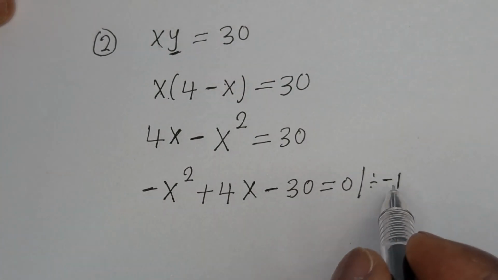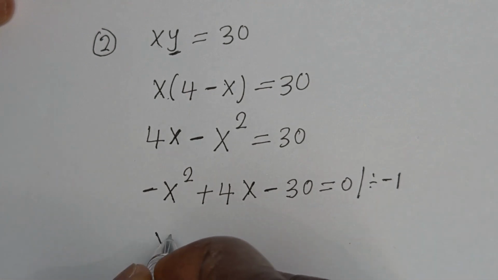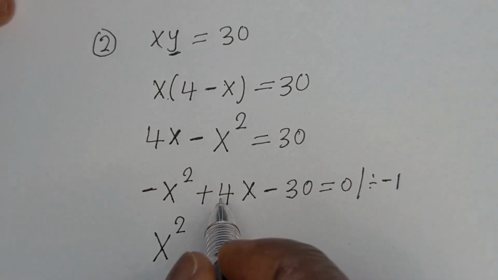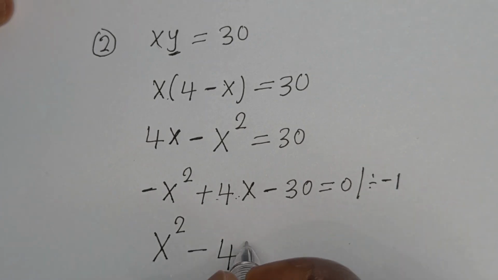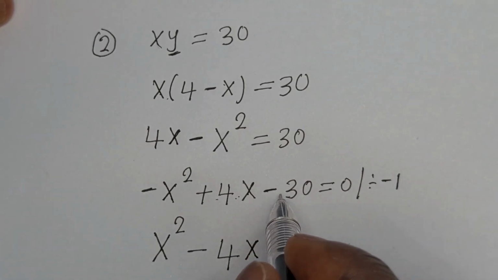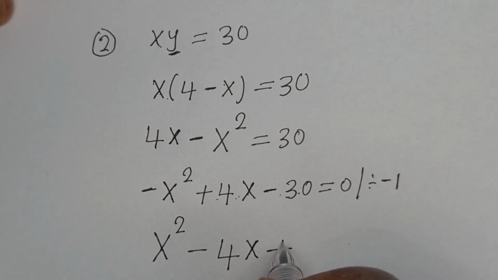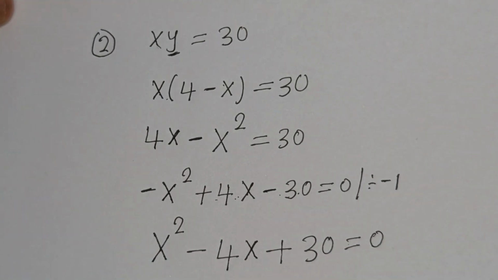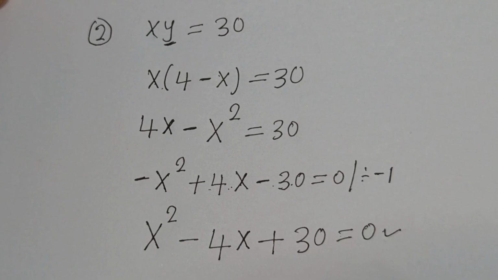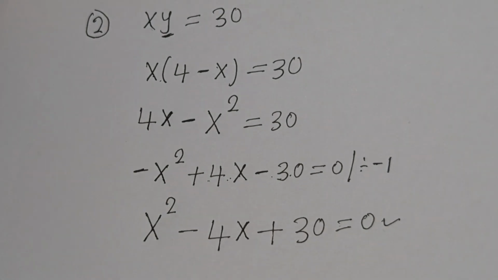Minus x squared divided by minus 1, this is x squared, plus 4x divided by minus 1, this is minus 4x, minus 30 divided by minus 1, this is plus 30, is equal to 0. This is a quadratic equation which can be solved using the quadratic general formula.